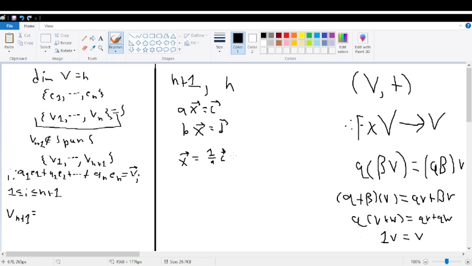So we have 1 unknown and 2 equations. So we want to solve for x. Wait, I'm trying to think.